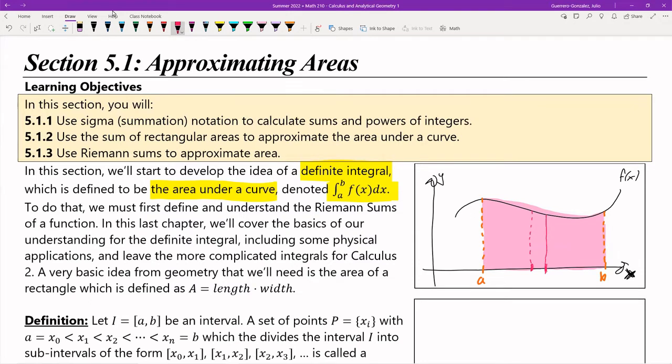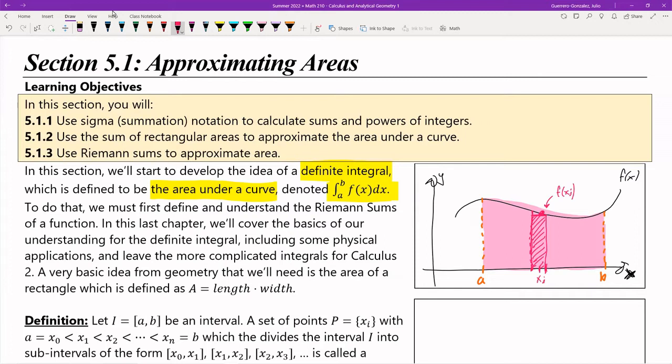So actually I should draw them solid. Okay, and that box, in particular this one, is represented by some f of xi value. It's got to go some amount high, and it's going to be defined by some value xi, right?